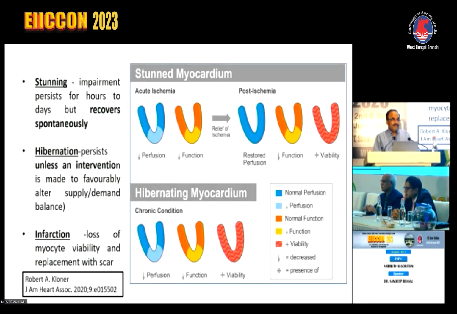And this myocardial dysfunction, or the hypocontractility of myocardium in the presence of a continued hypoperfusion, is called hibernation, and that is going to be the major topic of discussion in my talk.